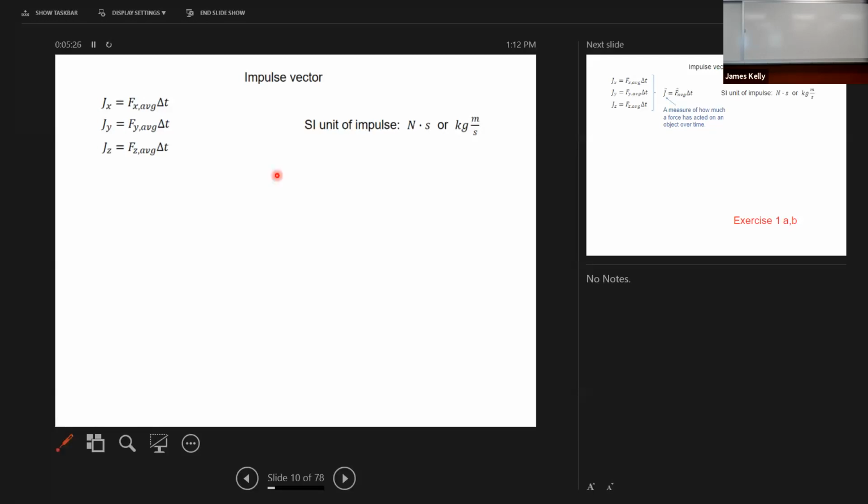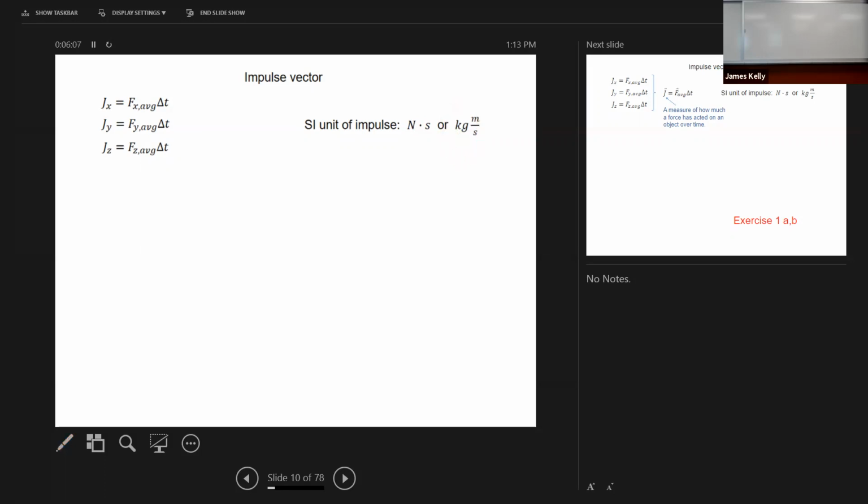Now, if you look at the units on the right-hand side of impulse, they're force units, SI units, that's newtons, times delta t, so that's newtons times seconds. So one perfectly common unit for impulse, and usually when people are talking about impulse, they'll put units of newton seconds on it. But if you rearrange the symbols, writing out what a newton is from F equals ma, a newton is a kilogram meter per second squared, and then combine that with this seconds here, another way to express those units that's exactly the same is a kilogram meter per second.